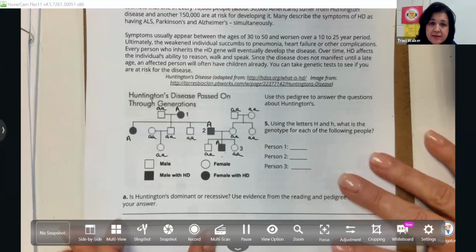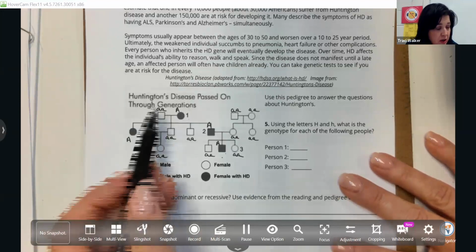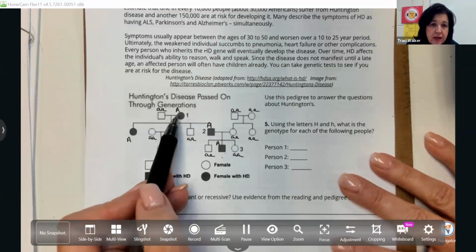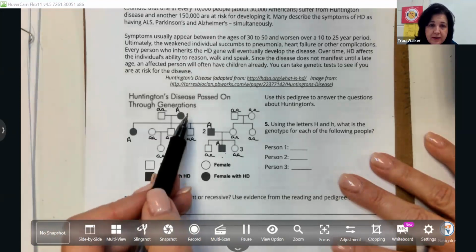So we ask the question: is the person connected to a little a, either as a parent or a child? If we start right here with this one, we have to look at this one's children because we don't have their parents.